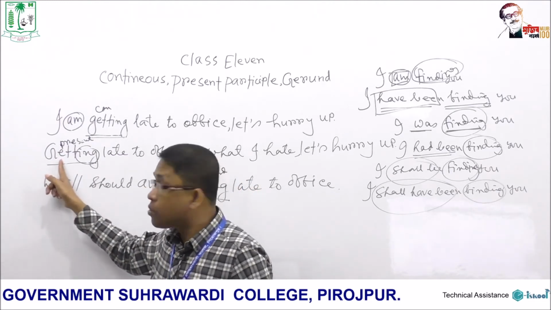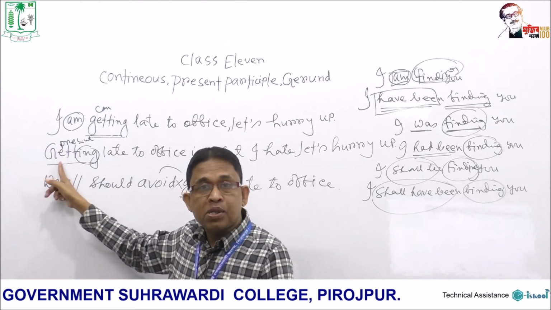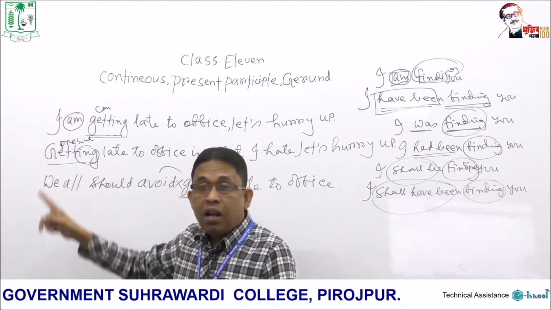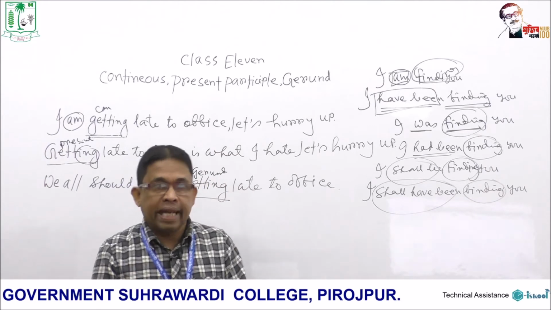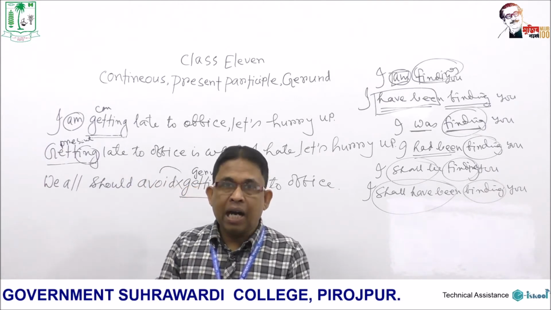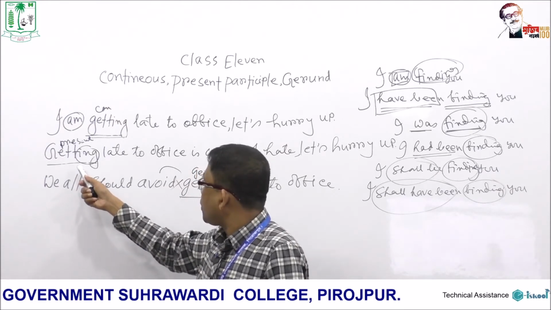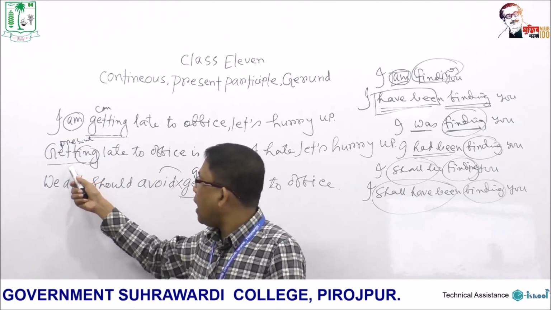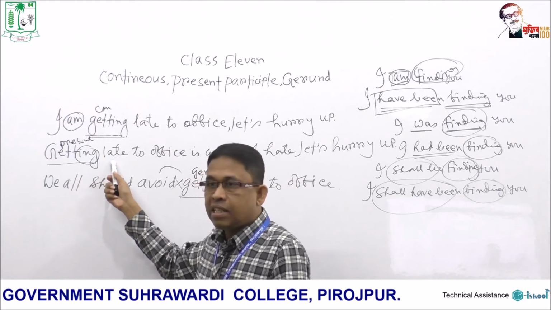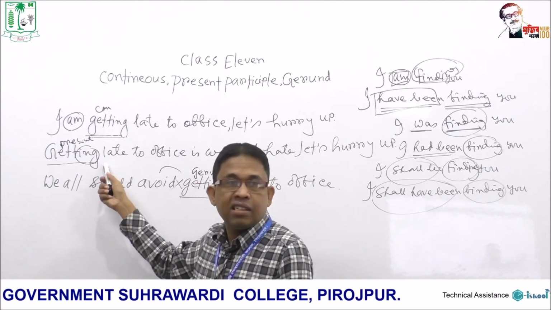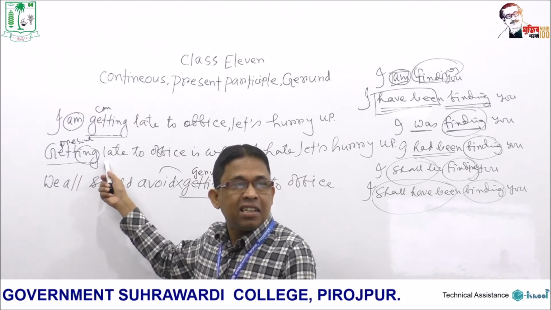This getting also comes from the verb get, but what is it doing? It is getting late. It is modifying late. Late is a noun.